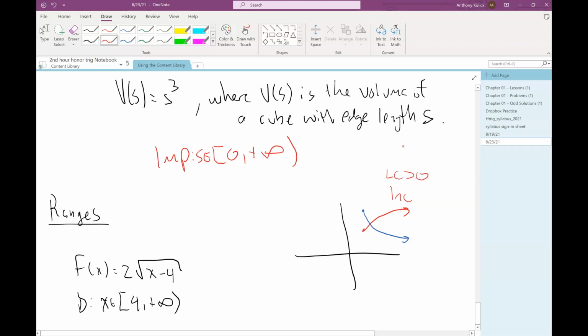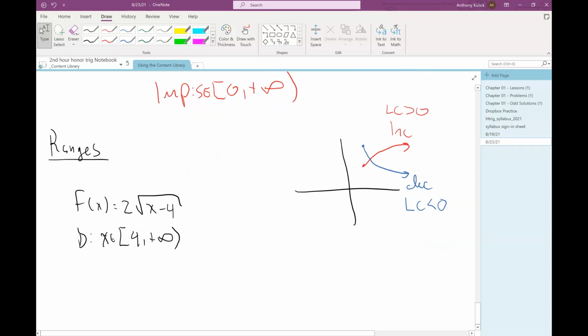And we can tell when the graph is going to look like that because we know the leading coefficient should be positive. The blue graph is decreasing, and we should be able to identify a decreasing square root function because the leading coefficient would be negative. So here we can see that this is an increasing function. Everybody's okay there?